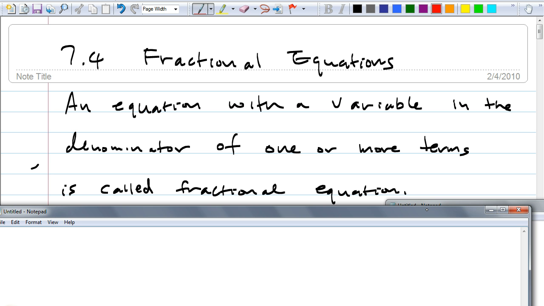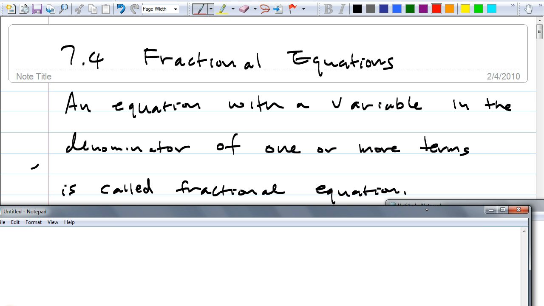So if I have a fractional equation, what did we do last time? We had a fractional equation last time too, just didn't have any variables in the denominator. What do we need to do to get rid of all these denominators? Yes, we multiply by the LCD. Guess what we're going to do for these with the variable? Multiply both sides by the LCD. And guess what the LCD is going to contain?